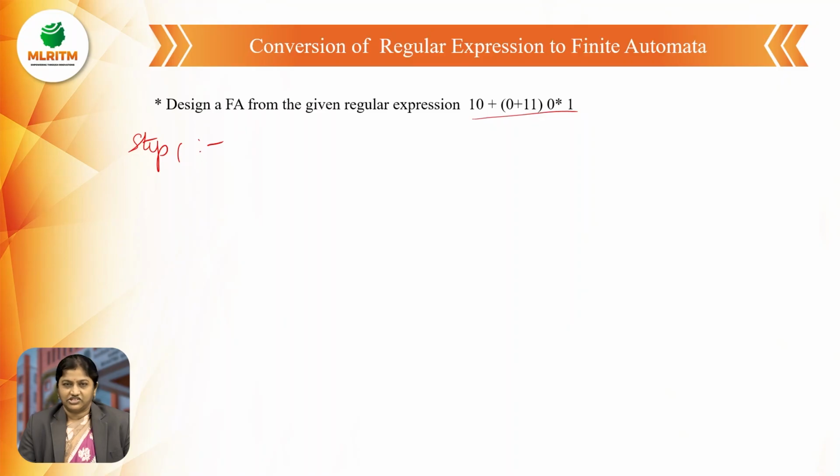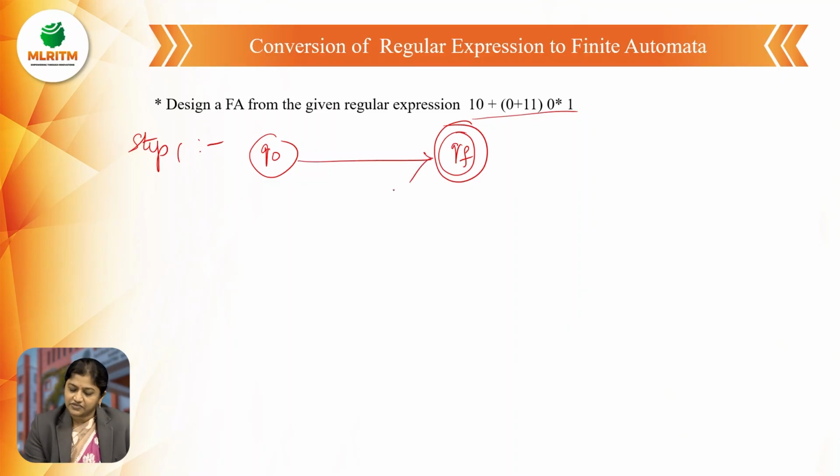The first will be our initial state, Q0, and the other one will be the accepting state, QF, the final state. The transition is 10 + (0 + 11) 0* 1. Here Q0 is the start state and QF is the final state.